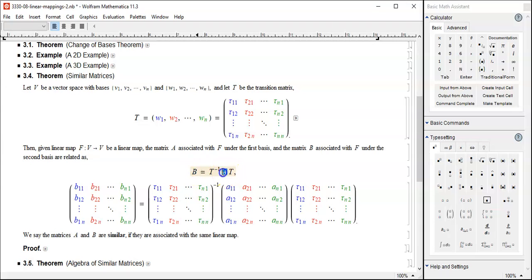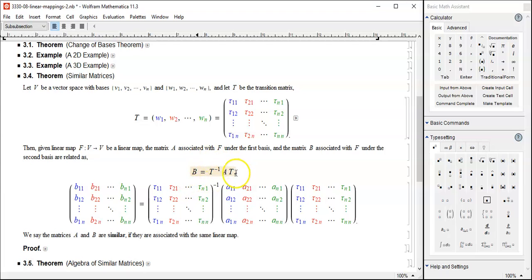Matrix B and matrix A are called similar if there is an invertible matrix T so that you can express B as T inverse AT. In that case, we say A and B are similar, and it'll turn out that that's how two matrices that represent the same linear map with respect to different bases are related.